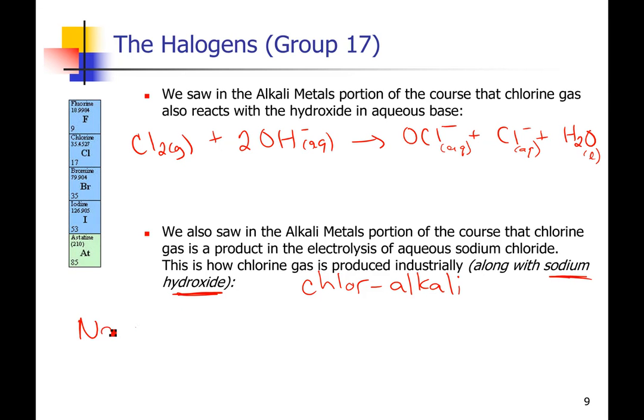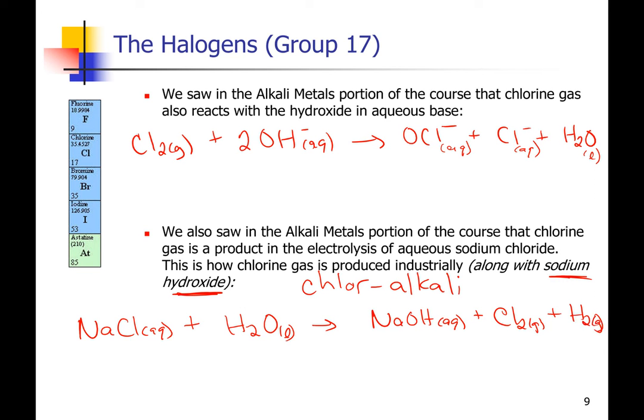So it was the electrolysis of aqueous sodium chloride, meaning we had water around, to give aqueous sodium hydroxide and chlorine gas and hydrogen gas. And in order to make this balance, we needed 2 sodium chloride and therefore 2 sodium hydroxide and therefore 2 water.